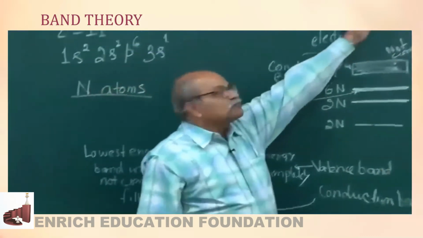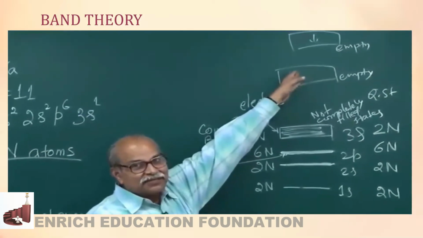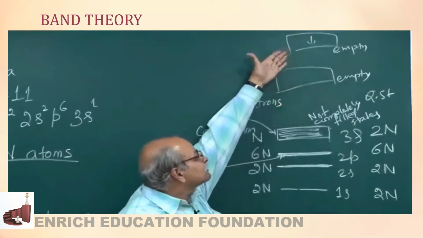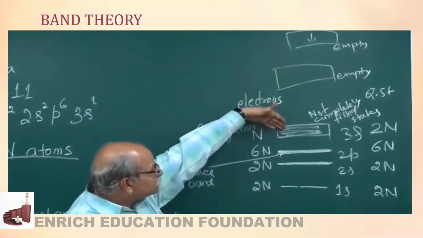This is also not completely filled, it's completely empty, but certainly you can call it not completely filled. This is also not completely filled. So you come down and this is that lowest energy where you have not completely filled.